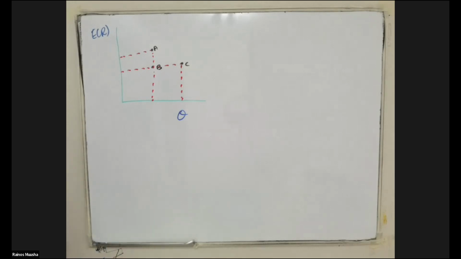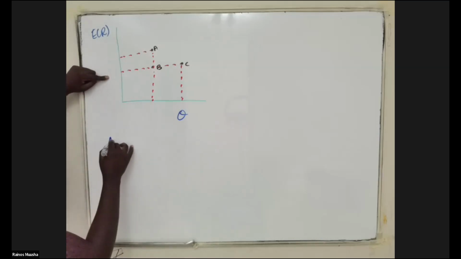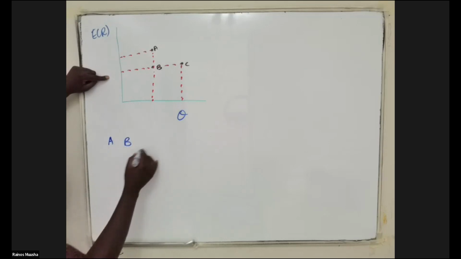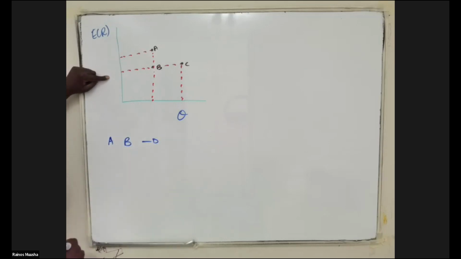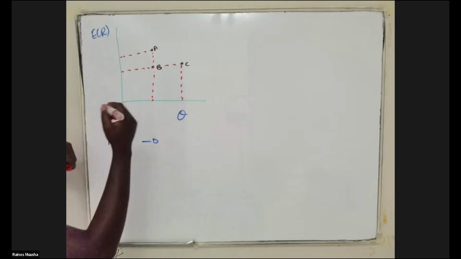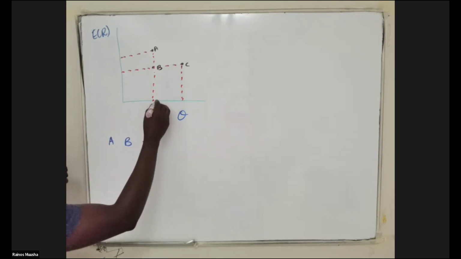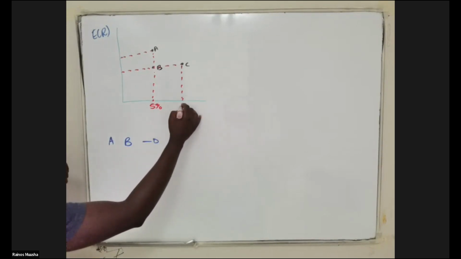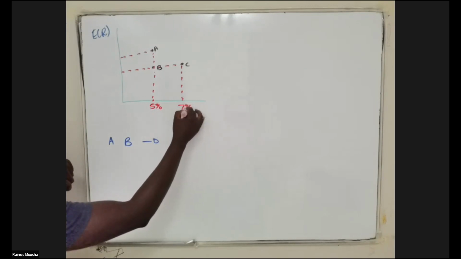So if you're asked to choose between the two assets, if you're asked to compare between asset A and B, which one would you choose? To make it a bit simpler, let's say here the standard deviation is 5%, and here the standard deviation is 7%.